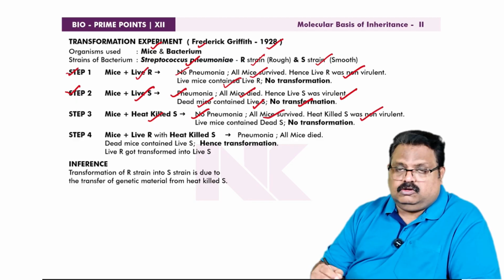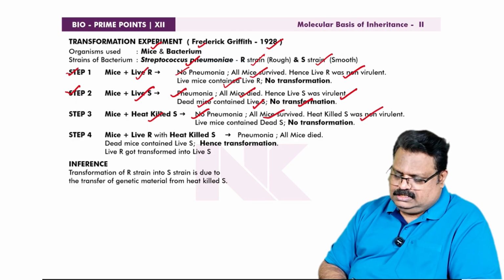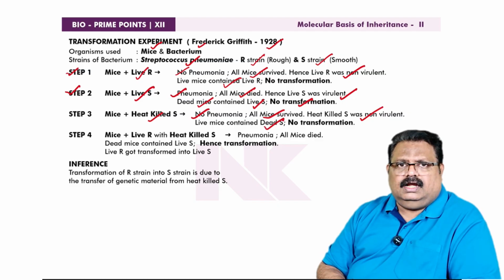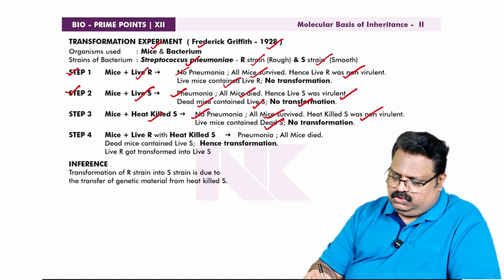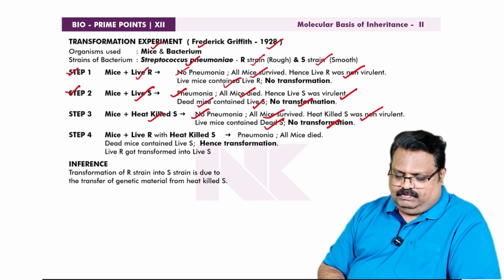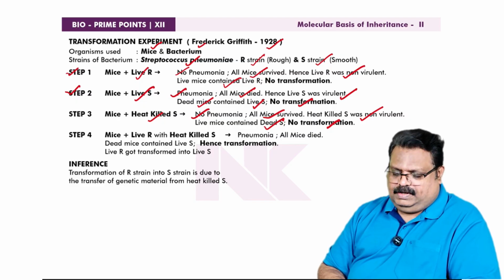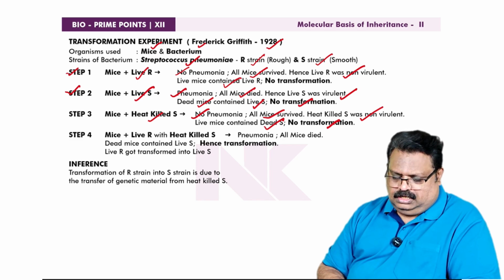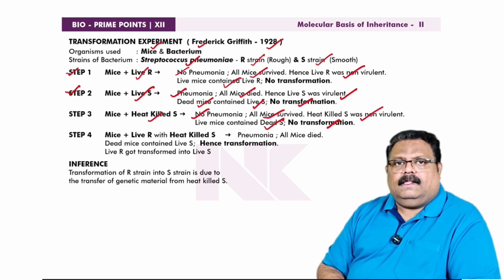Heat killed S was supposed to be non-virulent, unable to cause a disease. So inside the body of the mice, he identified the presence of dead bodies of S. So here also no transformation. When live R was injected, no transformation. When live S was injected, death occurred but no transformation. When heat killed S was injected, in that case also there is no transformation.